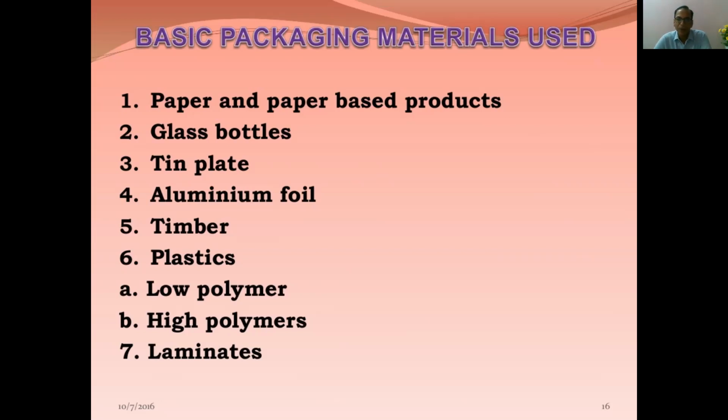So paper and paper based products are used, glass bottles are used, tin plates, aluminum foil, timber, plastic, low polymers, high polymers, and laminates. So these are various types of packaging materials which are used for the packaging of the milk products.